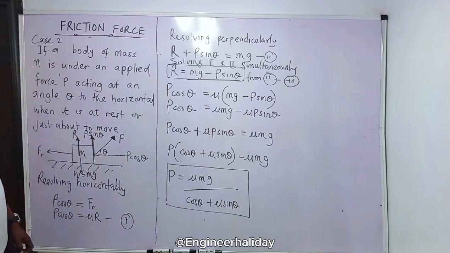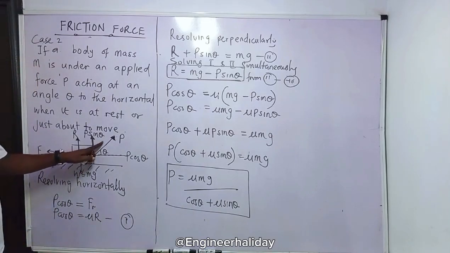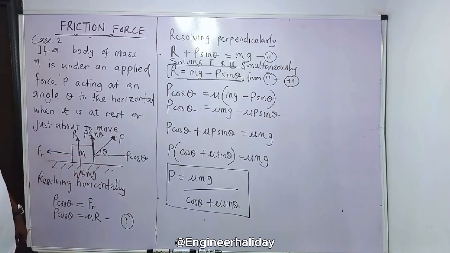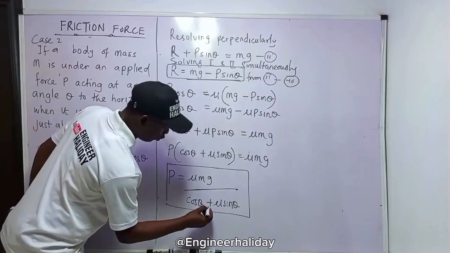Now let me show you a shortcut of it. If the applied force is pulling above, you have the plus sign here. If it is pulling below, you will have the minus sign.